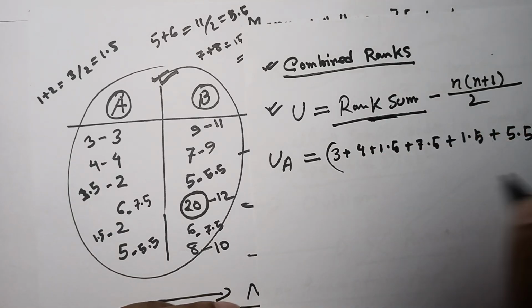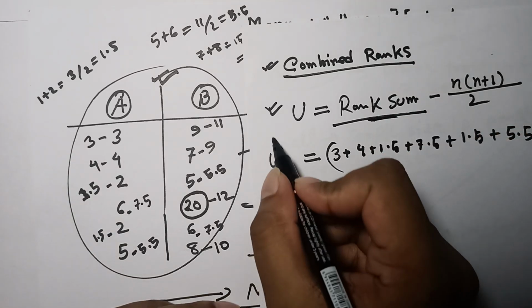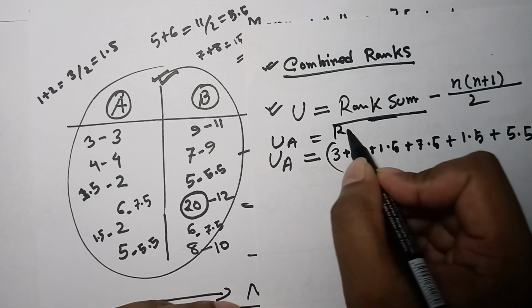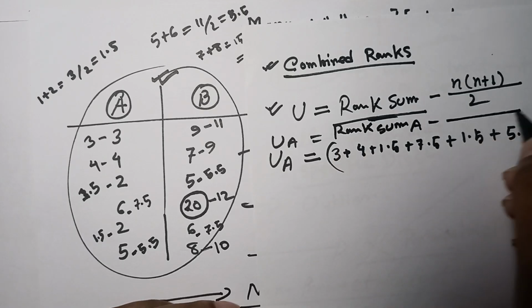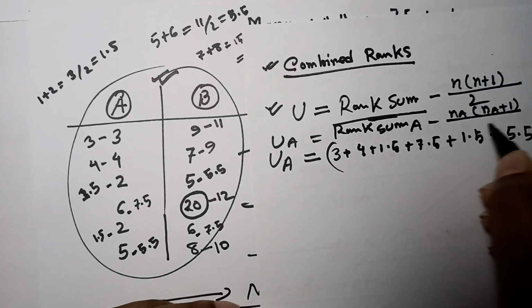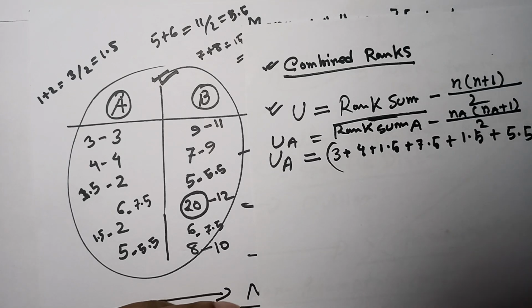These are the rank sum for UA. First of all, this UA will be defined as rank sum of A minus NA into NA plus 1 divided by 2.